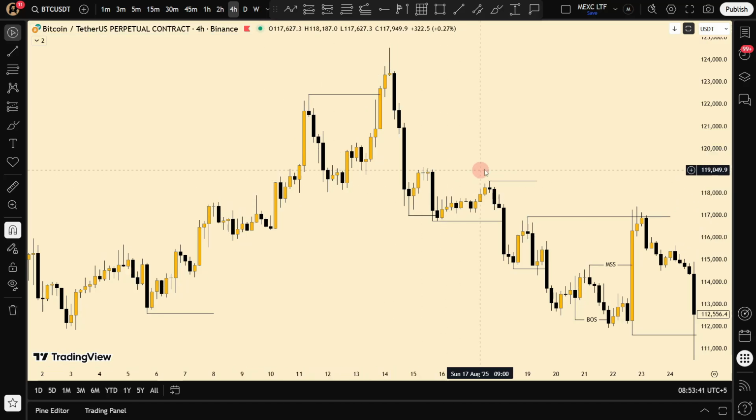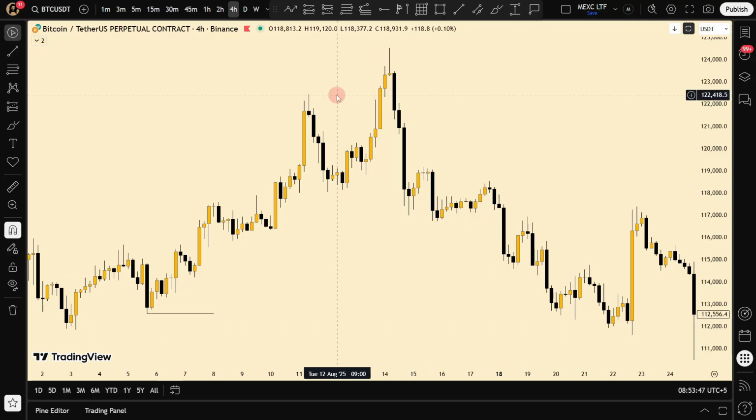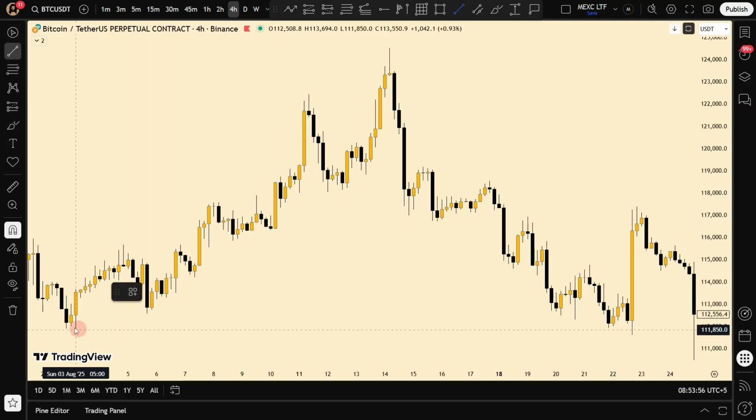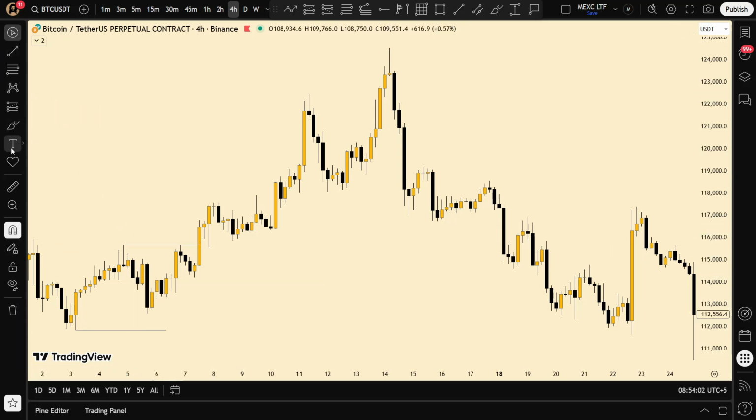let me delete this all. Go to a chart, pick any time frame that you want. Stick to like 2 to 4 hours or maybe the daily because it's cleaner. But what you should do is annotate your charts. Mark your lows, mark your highs with breakout structures, and annotate them.